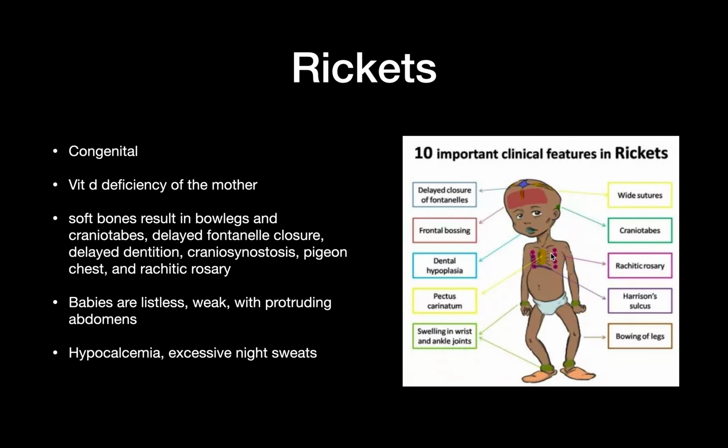So they will form these bumps along the ribs. And the babies are listless, and they're weak, and they have a protruding abdomen, and they have hypocalcemia once you test their blood, and excessive night sweats.